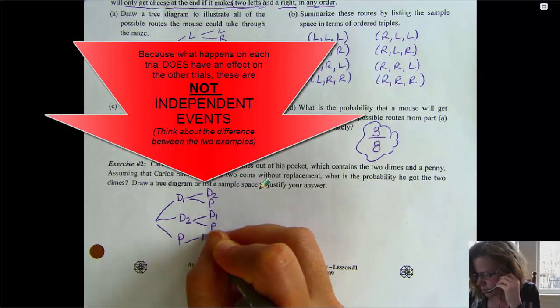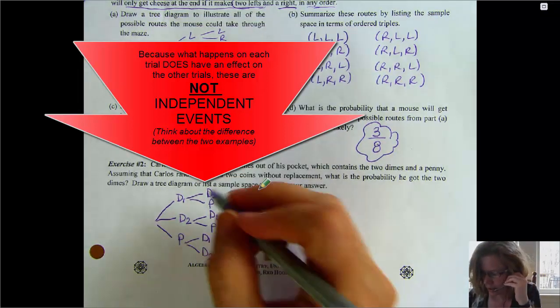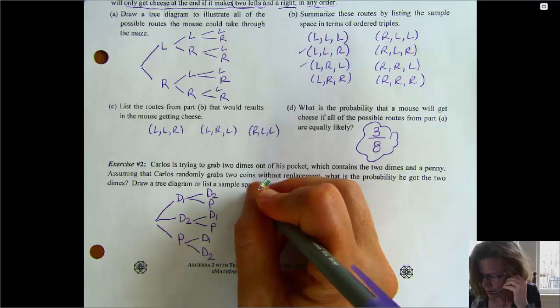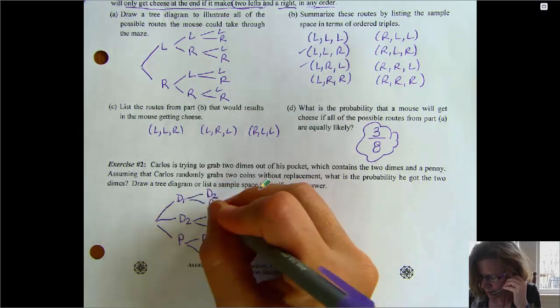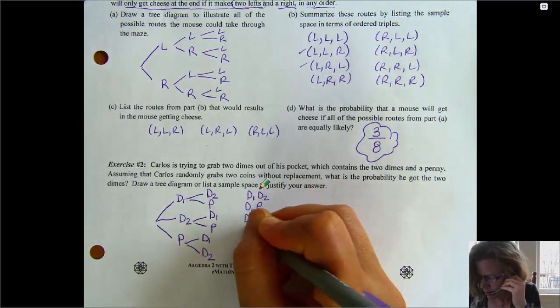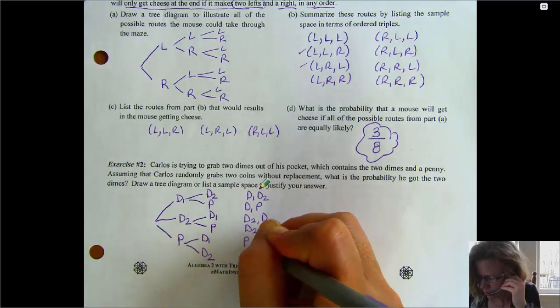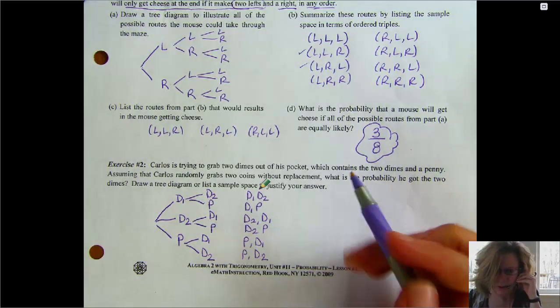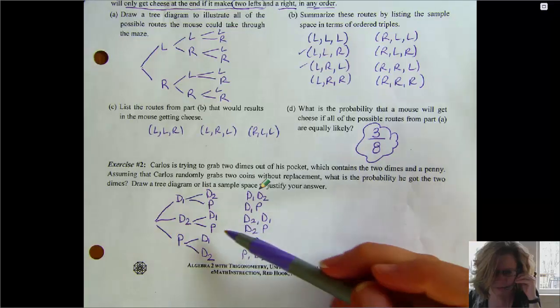So now his choices are dime 1 or dime 2. Now from the tree diagram, I can list my sample space. I have dime 1, dime 2, dime 1, penny, reading the tree. I have dime 2, dime 1. I have dime 2, penny. And then I have penny, dime 1, and penny, dime 2. So here I've drawn a tree diagram and listed the sample space. I know it said or, but I prefer both.